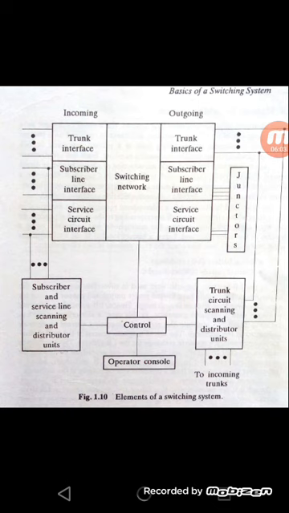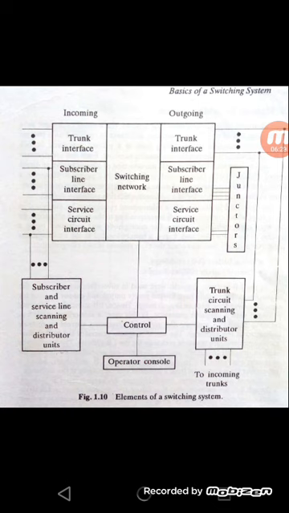A switching network designed to provide n by 2 simultaneous switching paths is known as a non-blocking network.